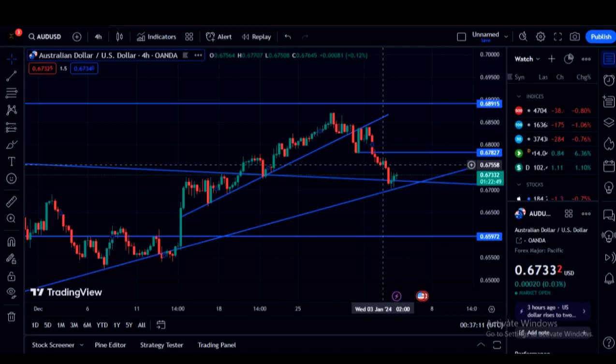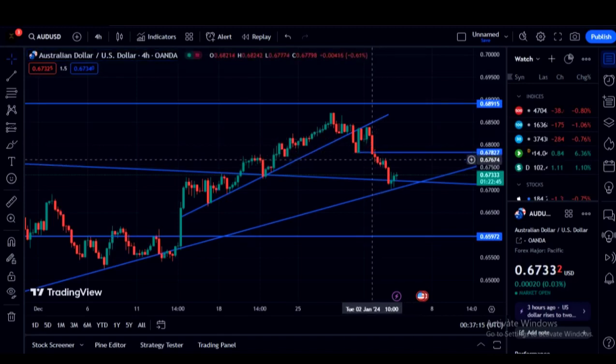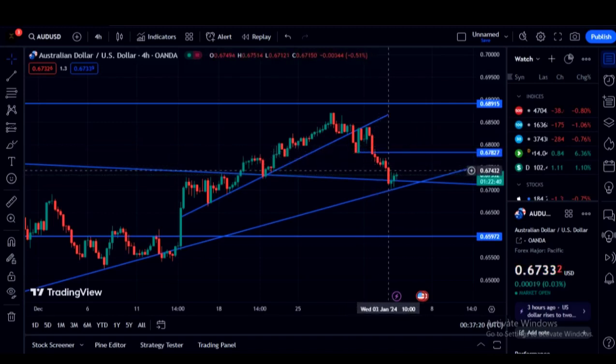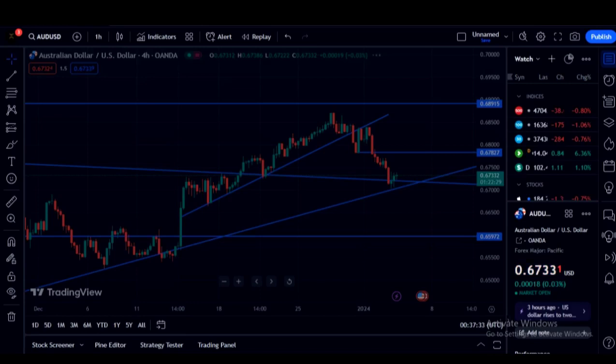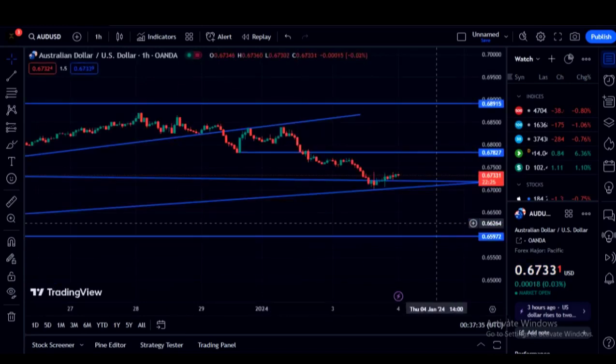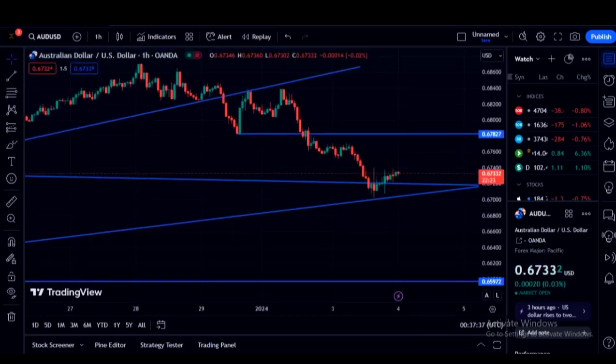The reason was that I wasn't really on the charts right about the time when this opportunity came to play. I was busy doing some things, and when I came in, this was where the market was. So I waited for the market to do this little pullback. I checked it on the 1-hour time frame just to be sure, and I saw the market doing some sort of consolidation right about here.